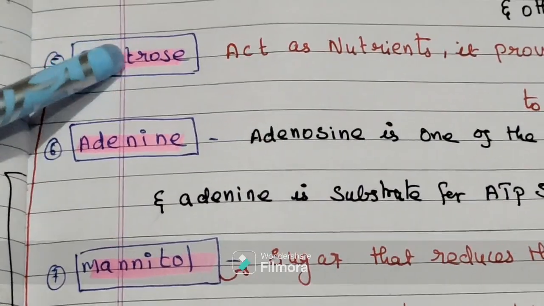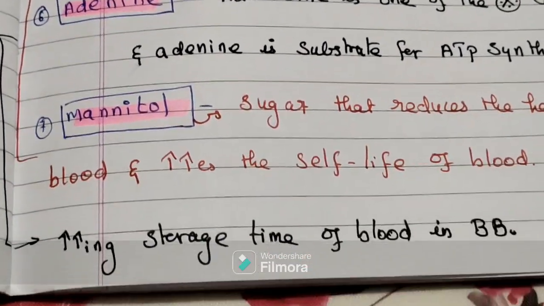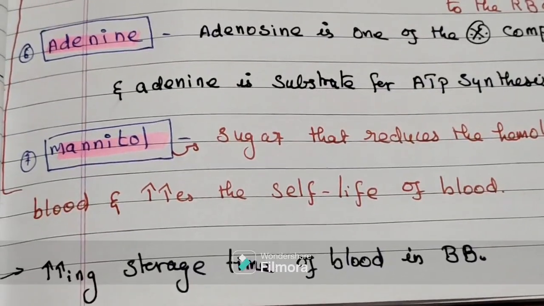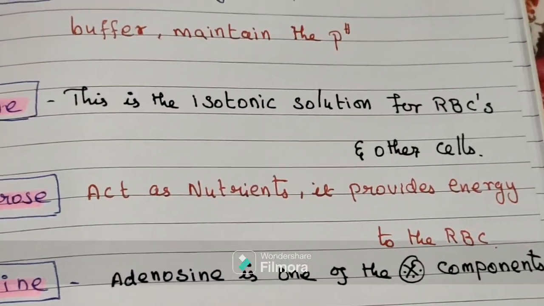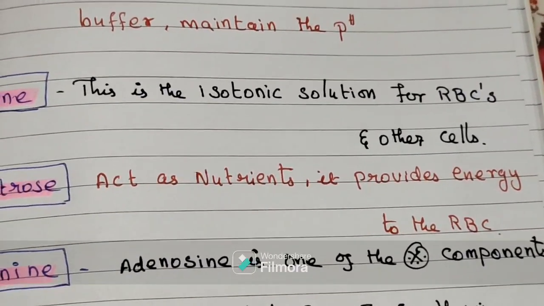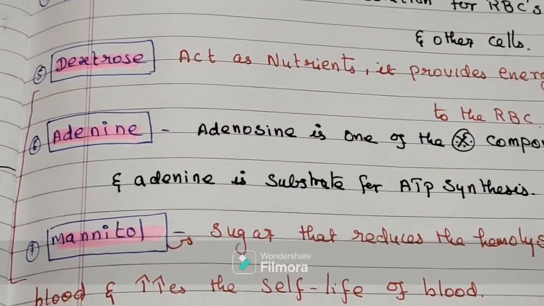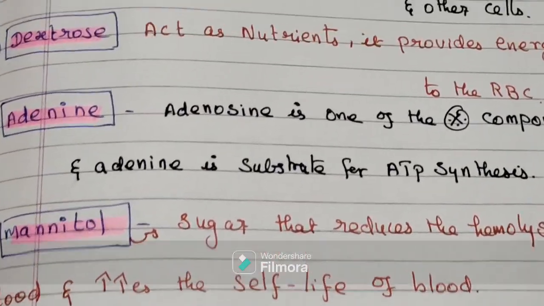So these three, dextrose, adenine and mannitol, increase the storage time of blood in the blood bank. What is an isotonic solution? It is a solution with the same concentration of water.